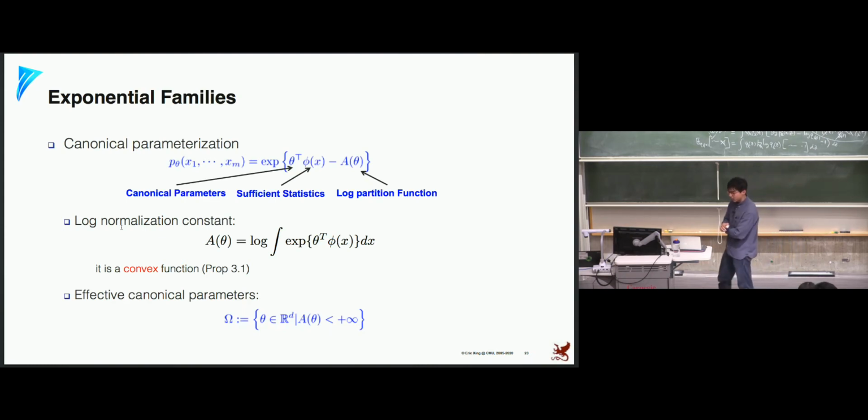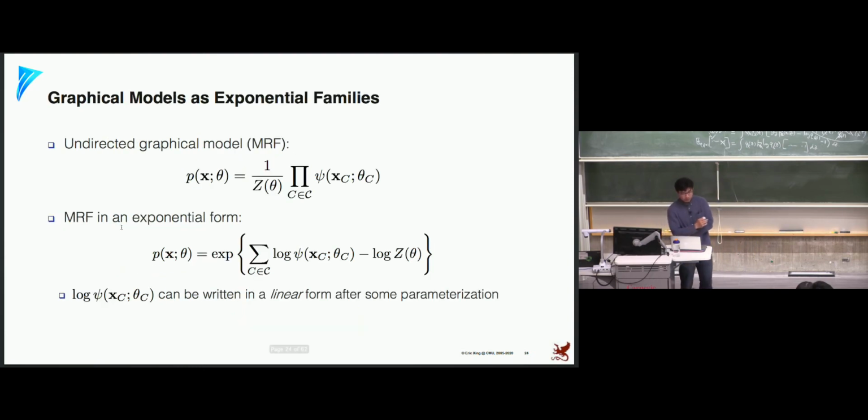You can prove this by looking at its Hessian. Its Hessian is going to look like a covariance matrix, and you know covariance matrices are positive definite, so this function is convex. And there's a set omega that contains all the valid canonical parameters that make things integrable.